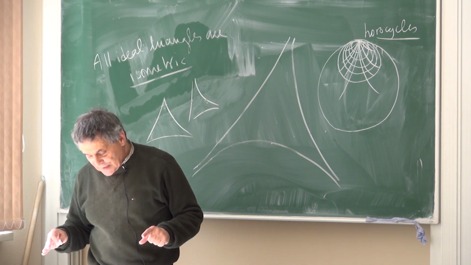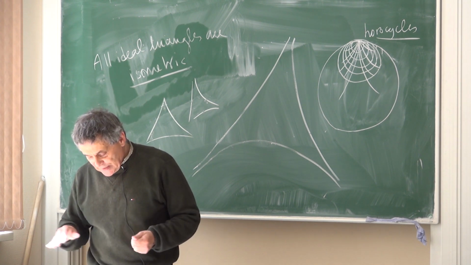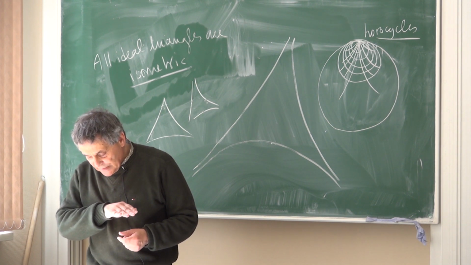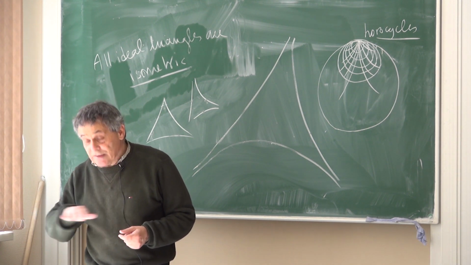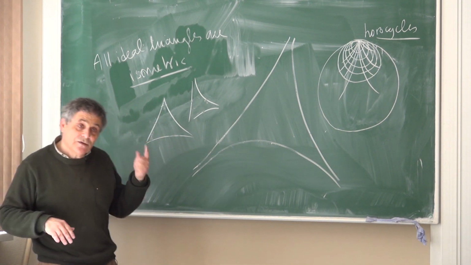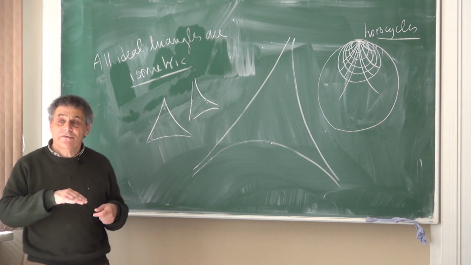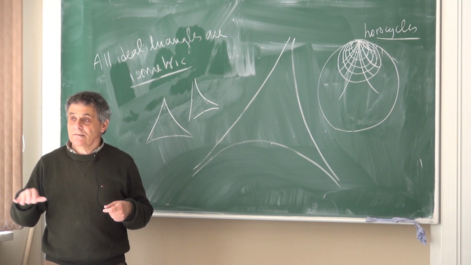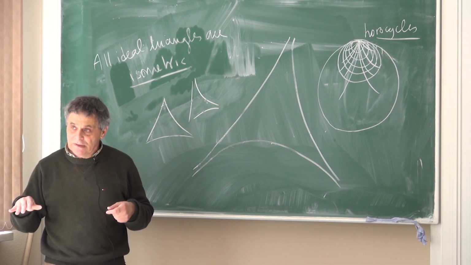The Euclidean geometry comes from the fact that he proved that the horospheres, which is a generalization of horocycles, have a Euclidean structure. This he knew, and he proved.